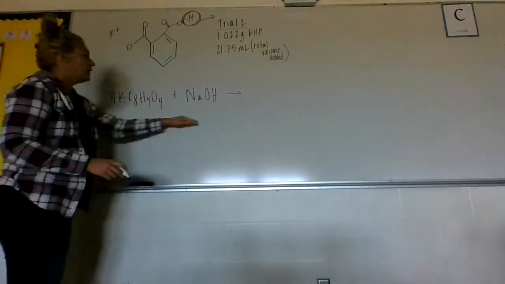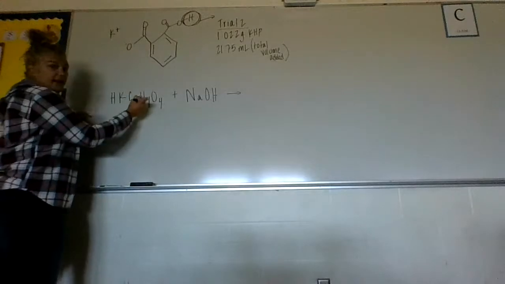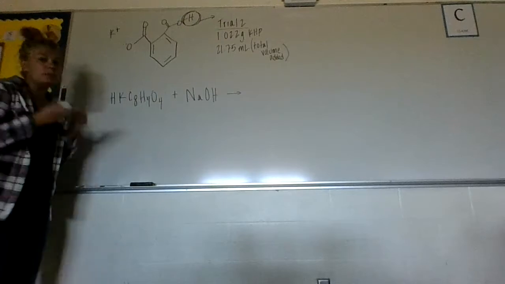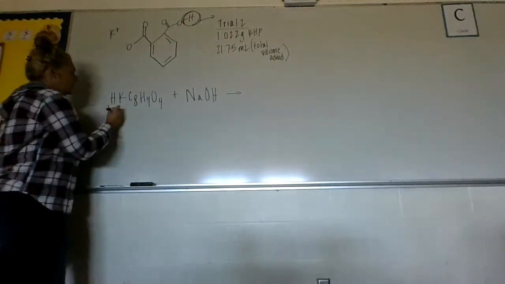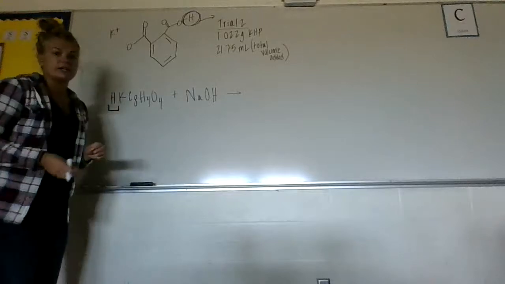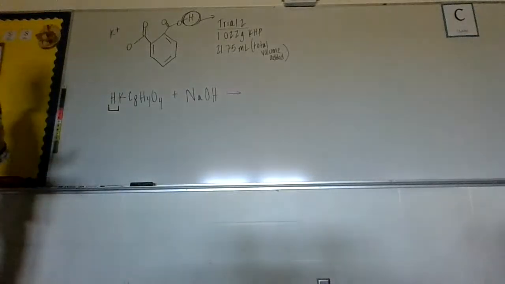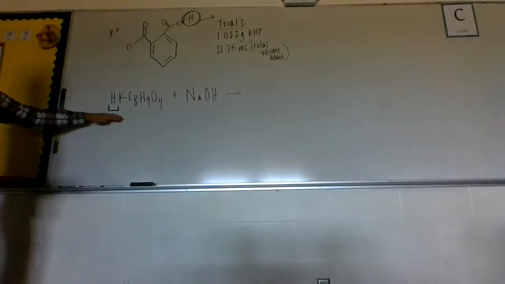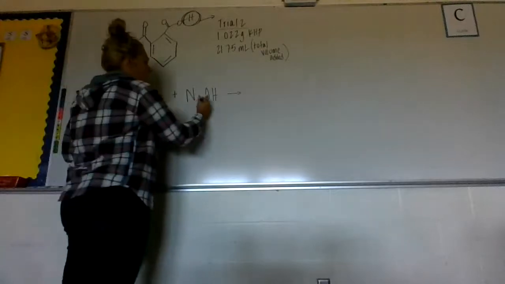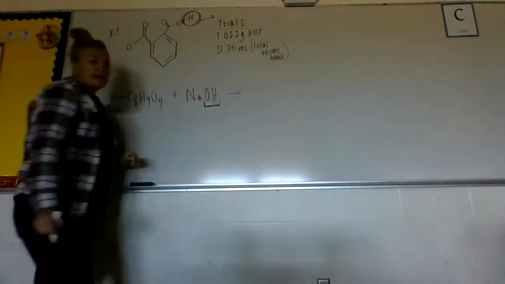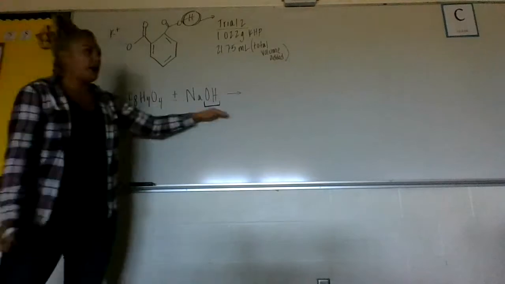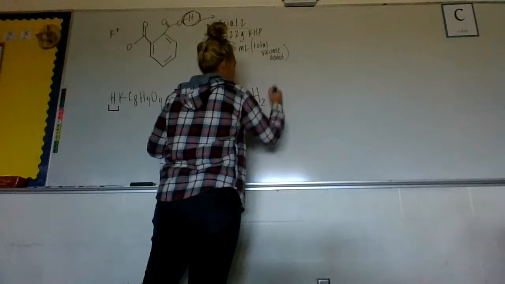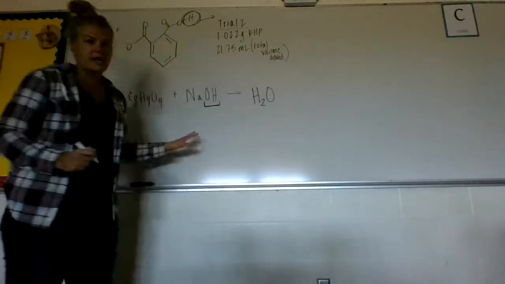So if I look at how I have it written, I have hydrogens here, but then I also have one out front. Anytime we're dealing with an acid, the acidic hydrogen is going to be the hydrogen in the front of the compound. So you're going to react your acidic hydrogen with your basic OH, and you have HOH, or how we know it, water, which is just hydrogen and hydroxide.